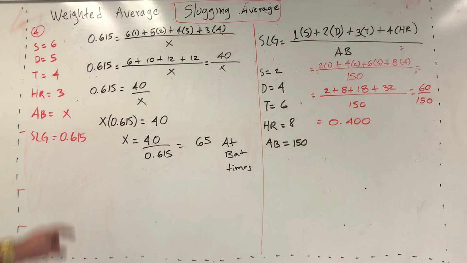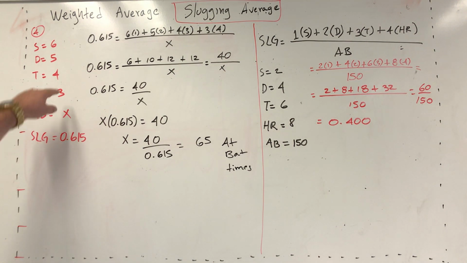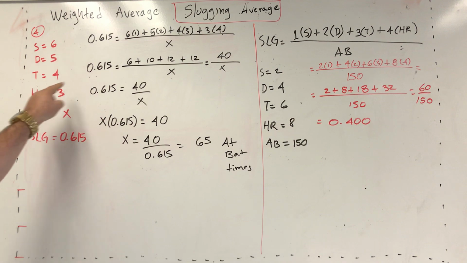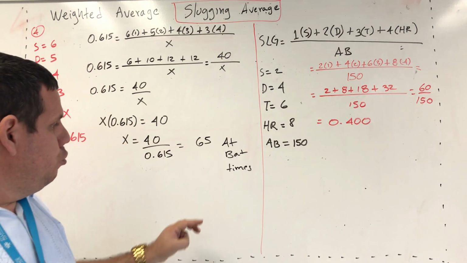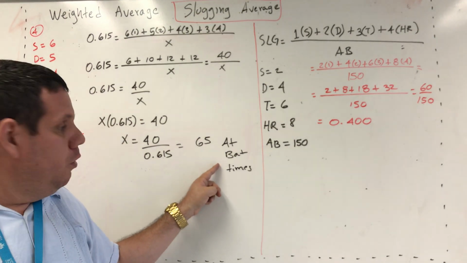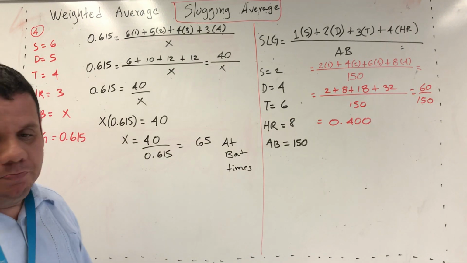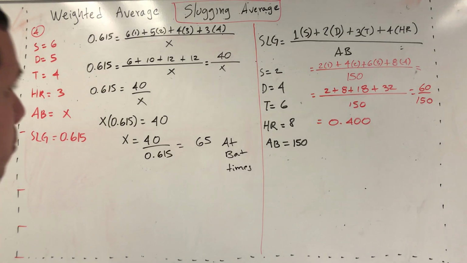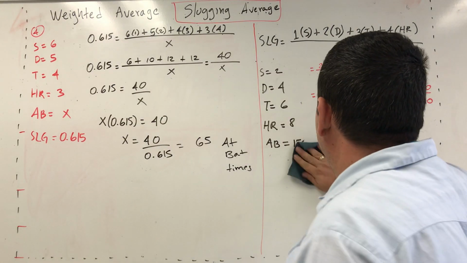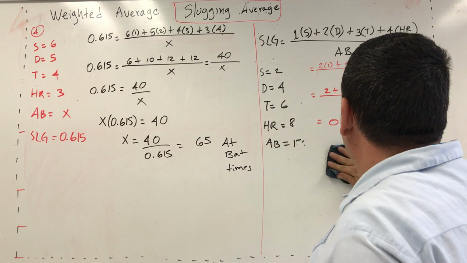So in order to get this slugging average with all these scores, that player needed to be hitting the ball 65 times. Now I will move to the other side to continue with another example.